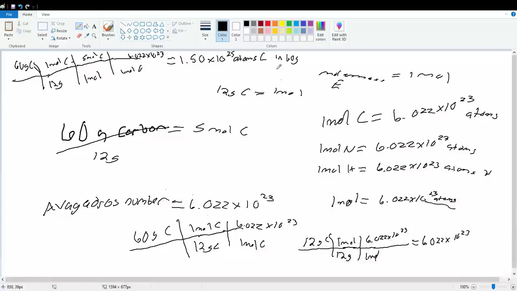So what we did here is we went from grams to moles to atoms. Pretty cool, huh?